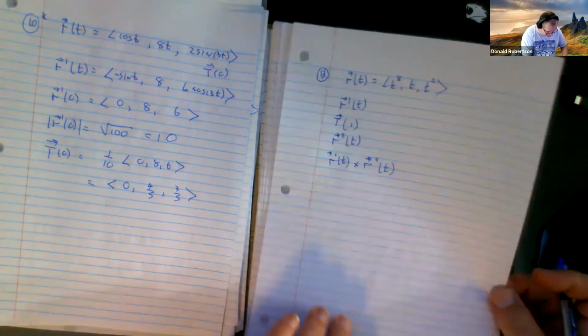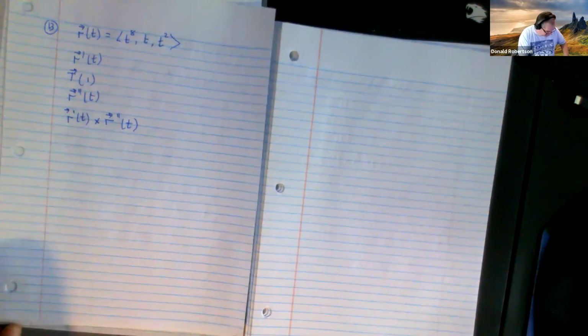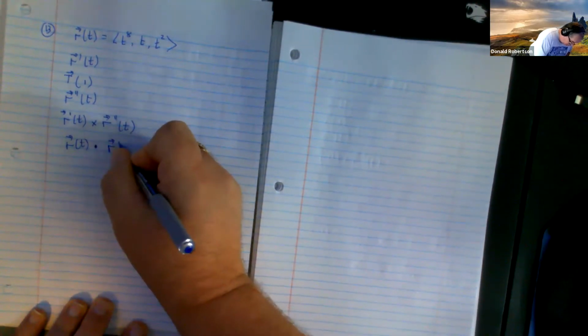Wow. Really quite a big mixture, isn't it? Oh, I'm going to add another one. Let's do a dot product as well, just to keep our hand in dots and cross products.